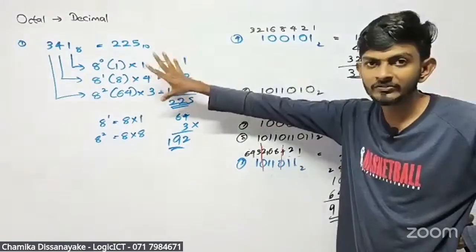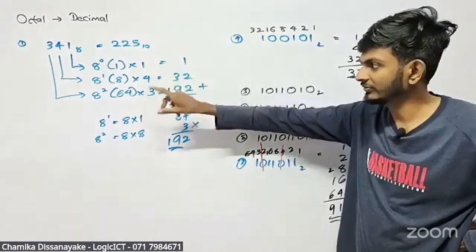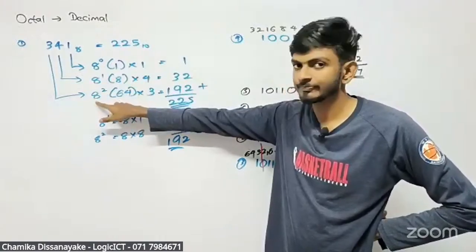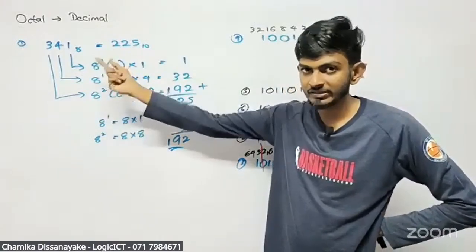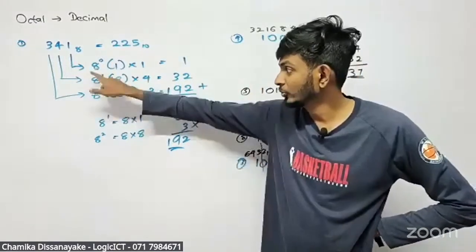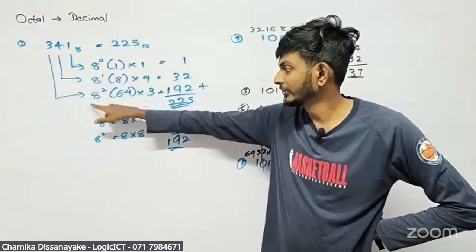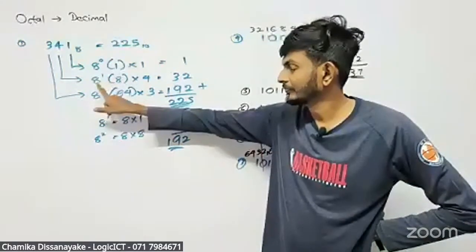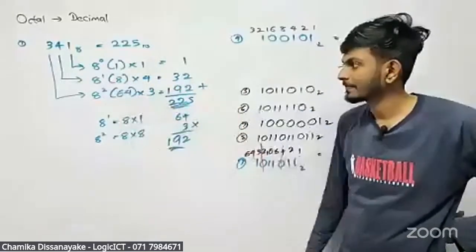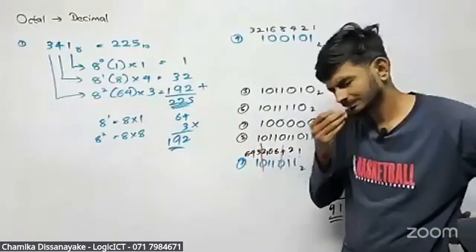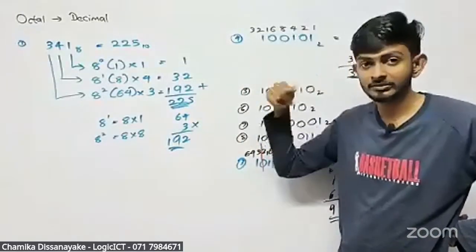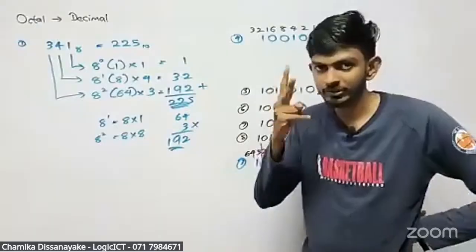This is the only difference, guys. The only difference here is that the weighting factor is changed. In the previous case, we had 2 to the power, but in this case it will be changed again like this. In the previous case we used two styles.